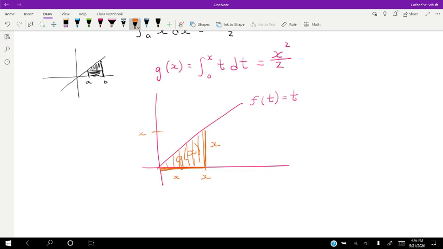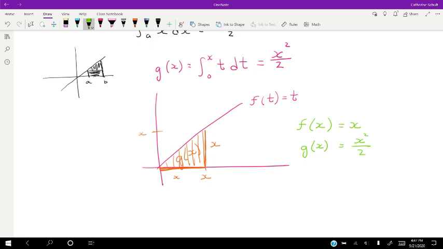Okay, so I want to do this. We just said that, and I'm going to write everything in terms of x's. I'll use a different color because this is our thinking, our critical thinking step. So we just said f of x was x, right? I'm just changing the variable. We're allowed to do that. And g of x is equal to x squared over 2.